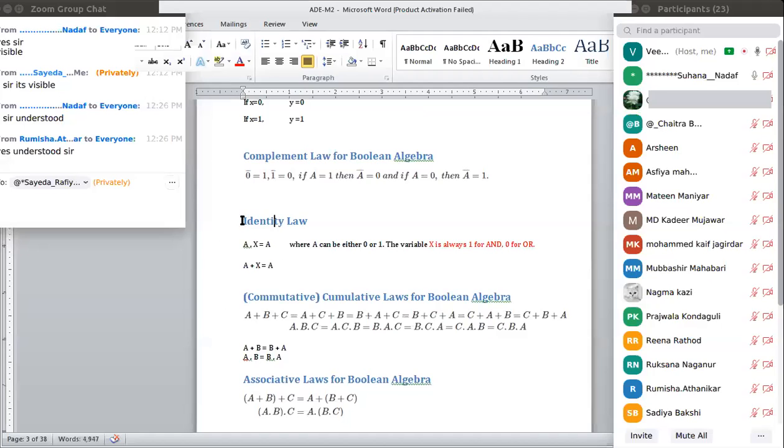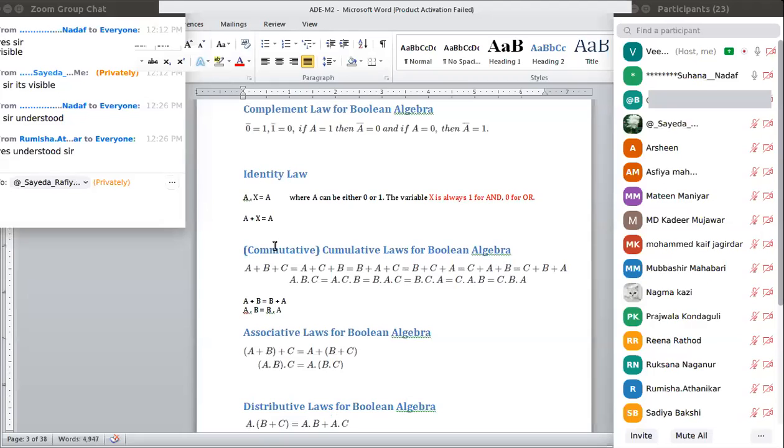Then identity law, where in identity law, A dot X and A plus X, two rules are there. Always the output is the same as one of the inputs, right?